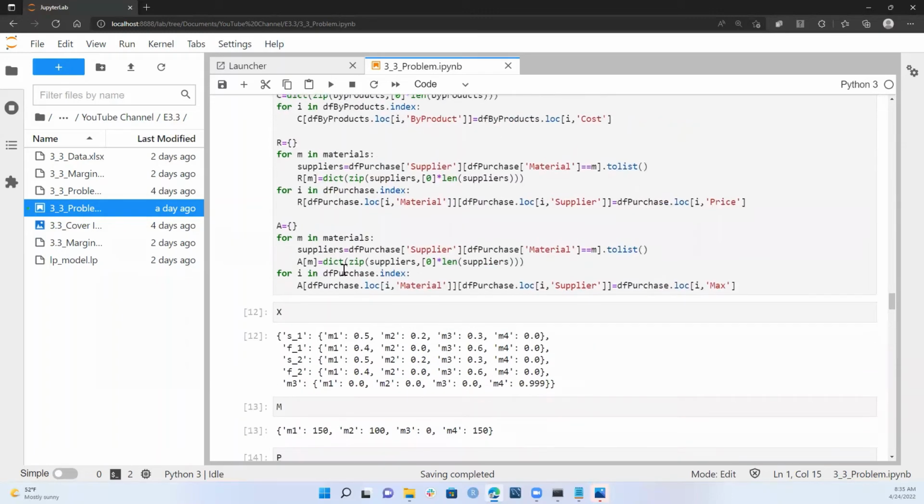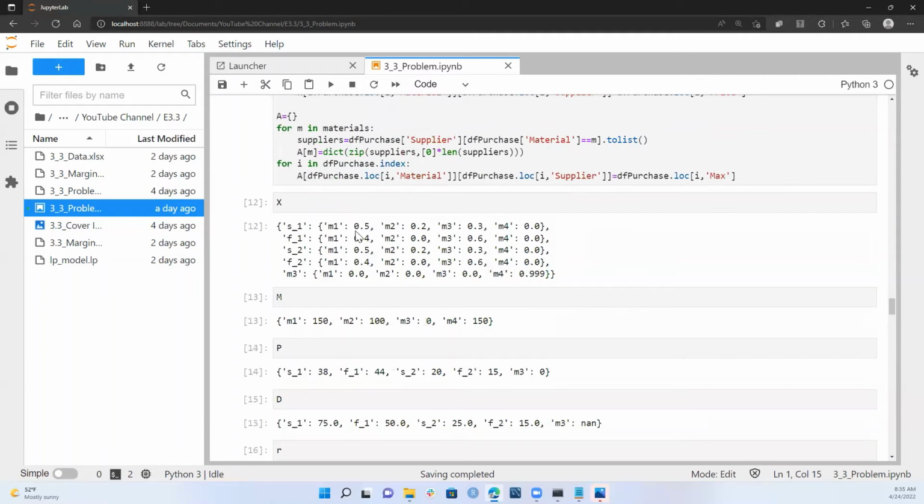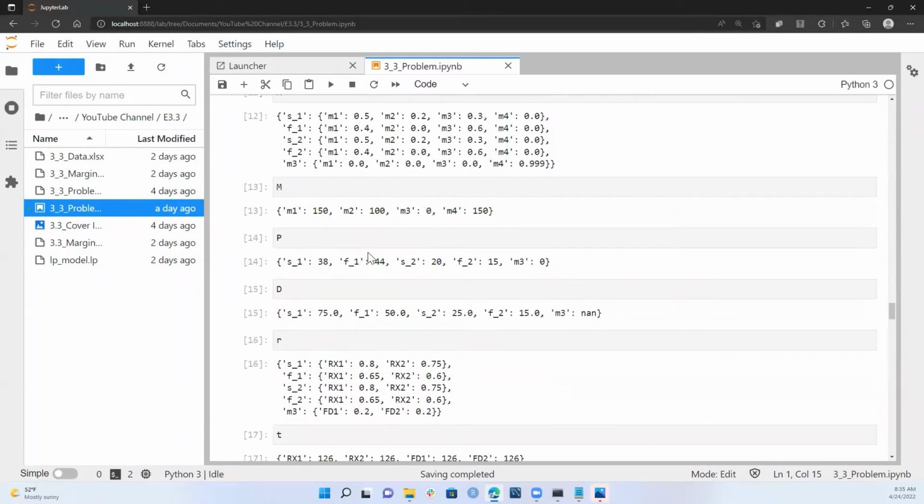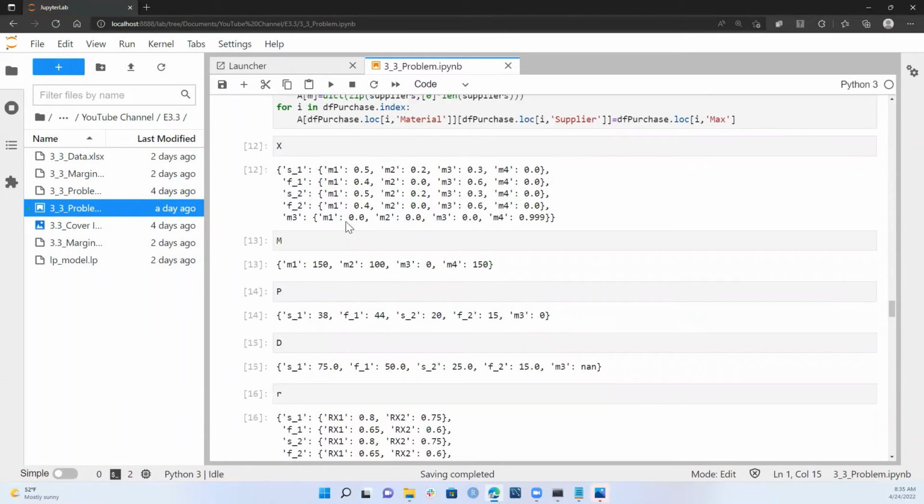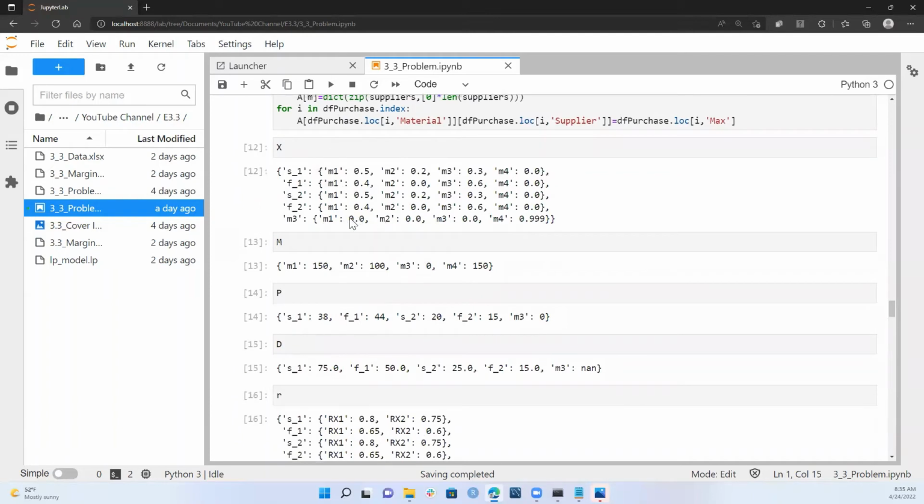As always, I inspect the construction of these dictionaries to make sure they are produced correctly. We can see up here for X sub ij, everything looks good. I have my unique products, S_1, F_1, S_2, F_2, and then the recipe or coefficient consumptions for each material.